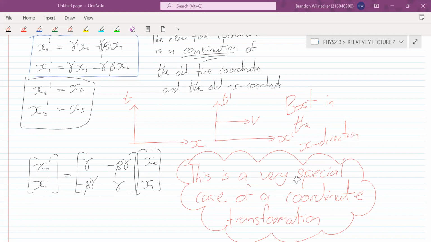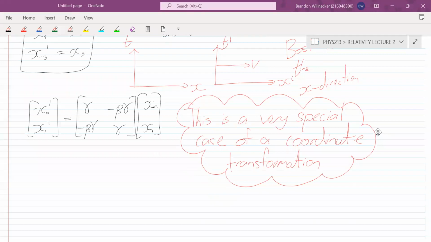Not necessarily linear transformations in terms of coordinates, but it is a linear transformation for velocity and momentum and vector quantities like that. So please keep that in mind. This is, again, a very special case of a linear coordinate transformation. You could do non-linear, that's perfectly fine as well, but then you can't write it as a matrix, of course.